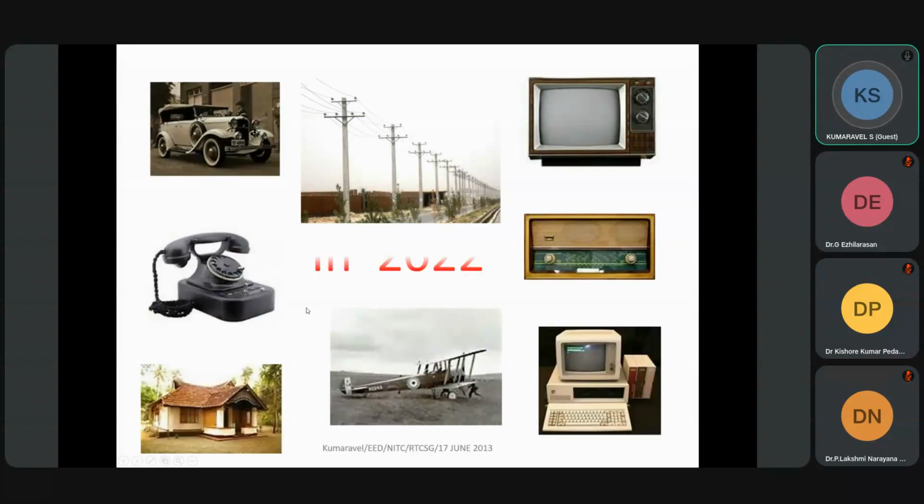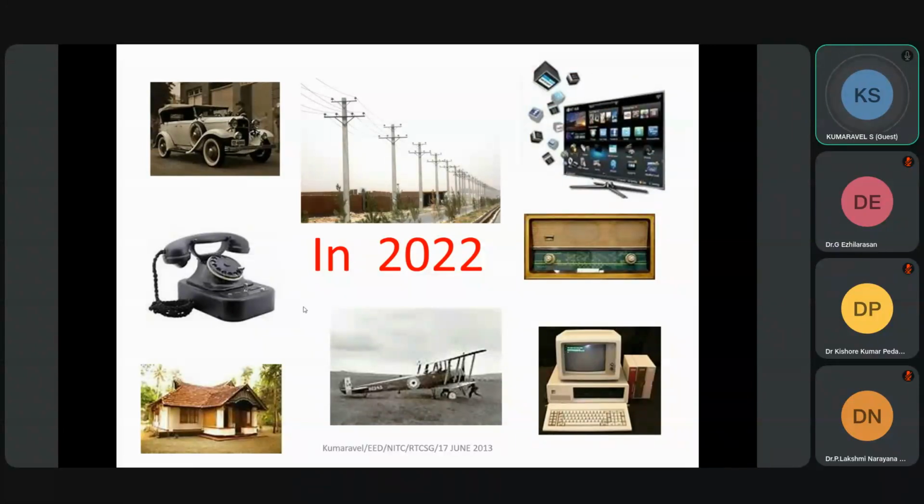But in the past 30-50 years, most things have changed, right? TV became LED. LED TV is very cheap and compact. There is no radio today. When we were children, we heard the radio, but no radio today.